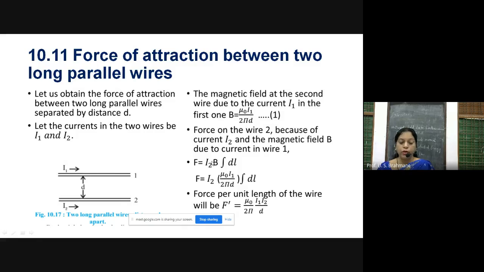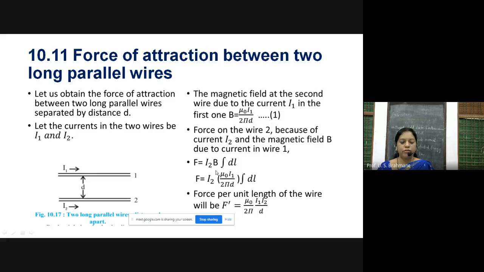I told you that F is equal to I2 B integration of dl. Just for remembrance, for a straight conductor you can remember it as BIL, or I2 B, and this is integration of dl because it is a long conducting wire. Then F is equal to I2, and we substitute the value of B.